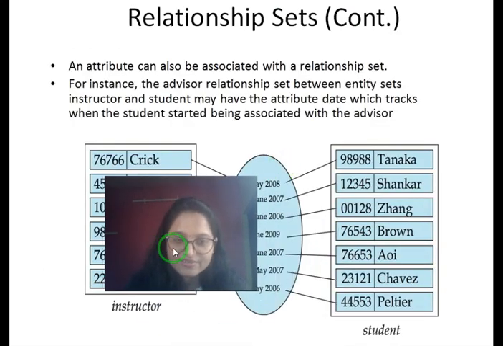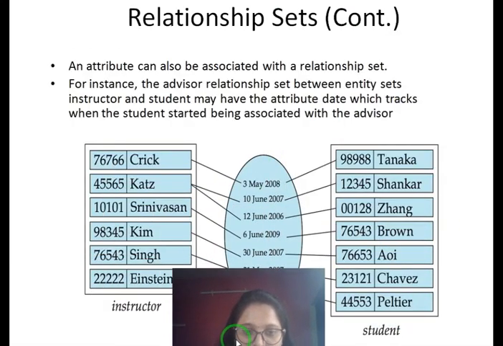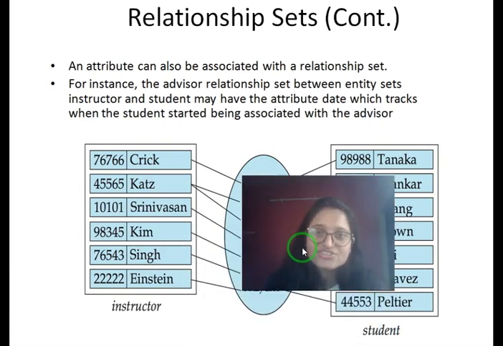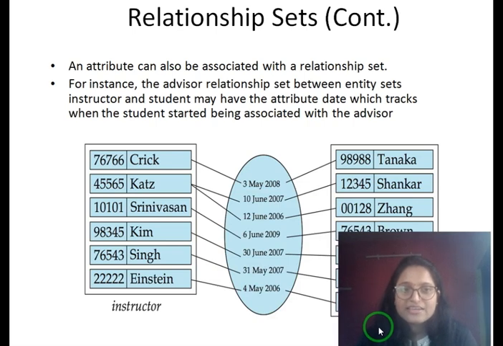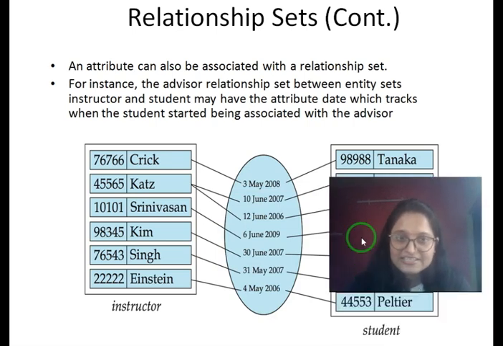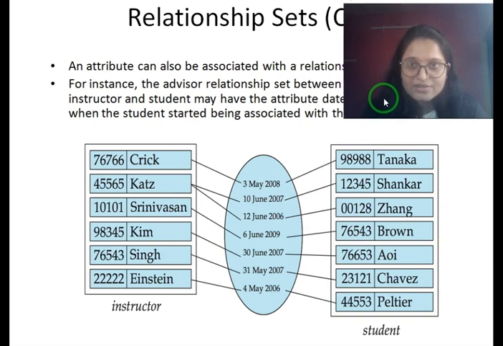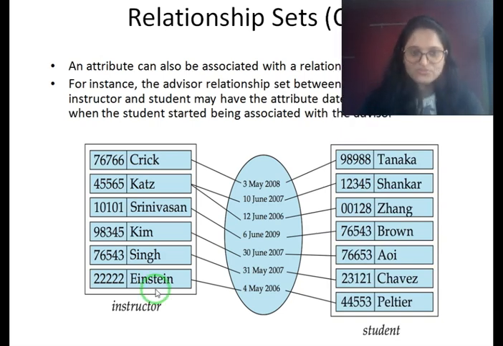Now see here. From this example, you clearly understood what the relationship set is. So first, an attribute can also be associated with a relationship set. For instance, the advisor relationship set between entity sets instructor and student may have its own attribute. Let's take one example. Instructor is one entity, student is another entity.